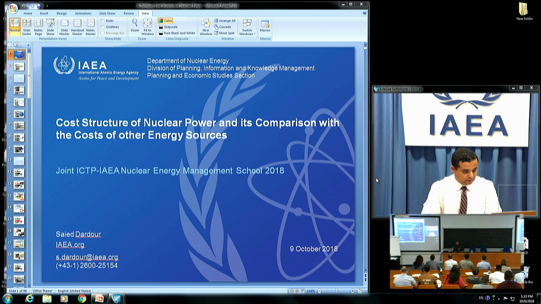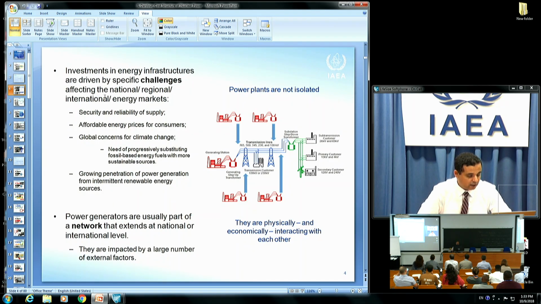So slide 4. In slide 4, I'm just illustrating an energy system. In an energy system, we have power plants from different technologies, and these plants are somehow connected. They are part of a grid. So they are not isolated. They are physically and economically interacting with each other. And each one of these plants is there for a purpose.